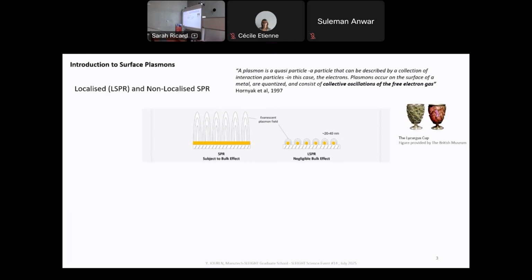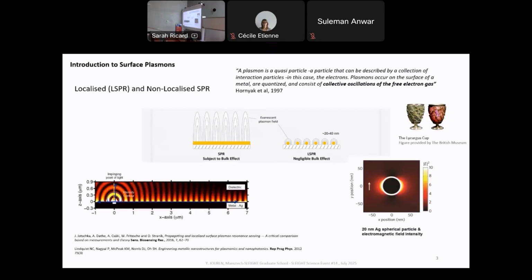So if we reduce the size of this interface, we get localized surface plasmon resonance. So it is the same effect. It is oscillation of free electrons, which oscillate at certain frequencies, and we have an electric field at the interface of the metal and the dielectric.